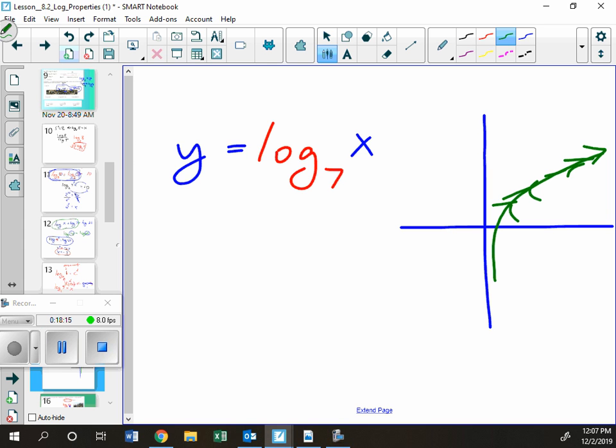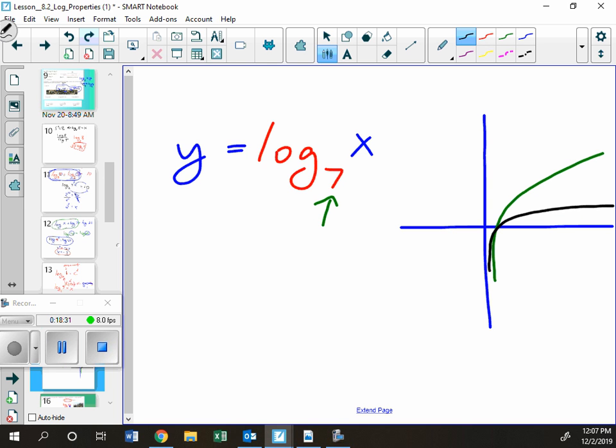All right, so that's kind of what they look like. Now, how sharp is that turn? It all depends on how big this number is. The bigger that number is, the sharper the turn is. So it actually looks a lot sharper than what I drew.